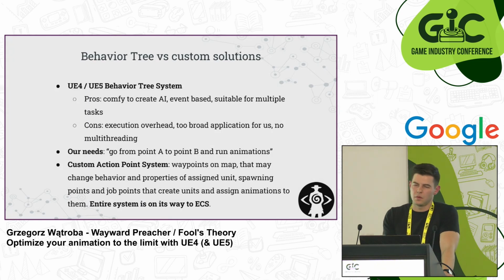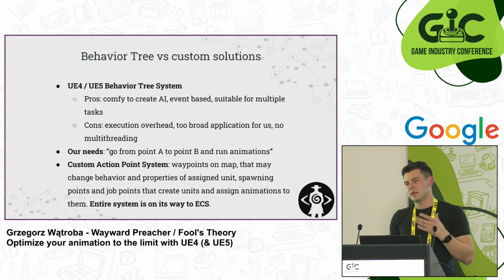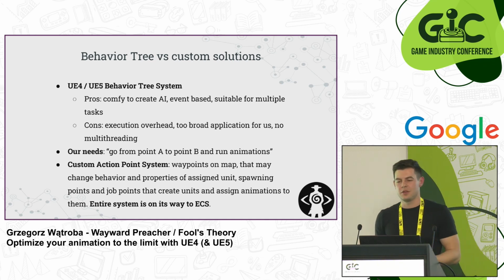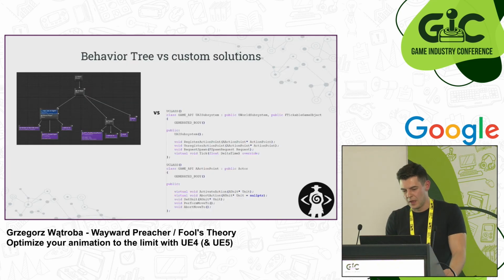So we can always implement a behavior tree, of course, and this is a very versatile tool, but it's too complicated for our needs, because the only thing we need in our project regarding the NPCs is to move from point A to point B and play an animation. That's why it's great, of course, but completely unnecessary for us.